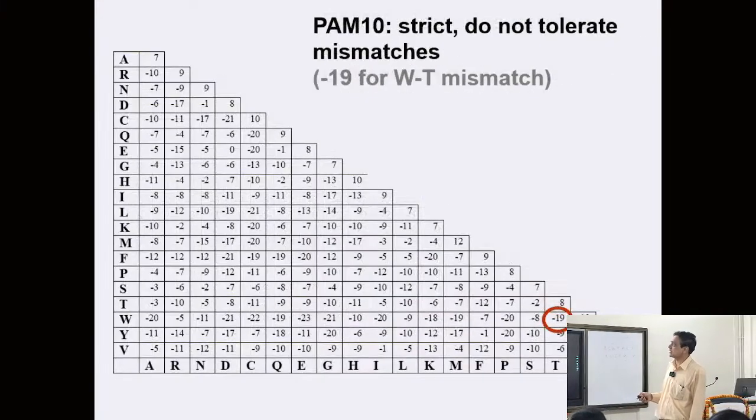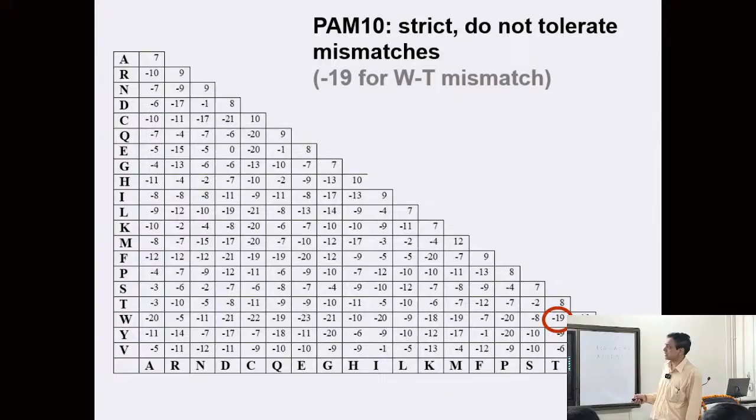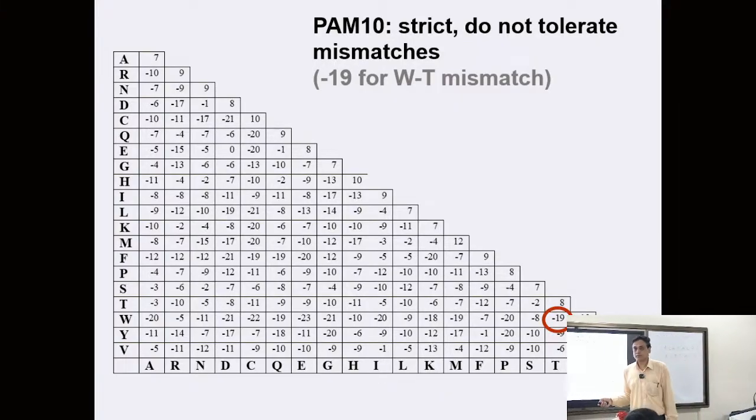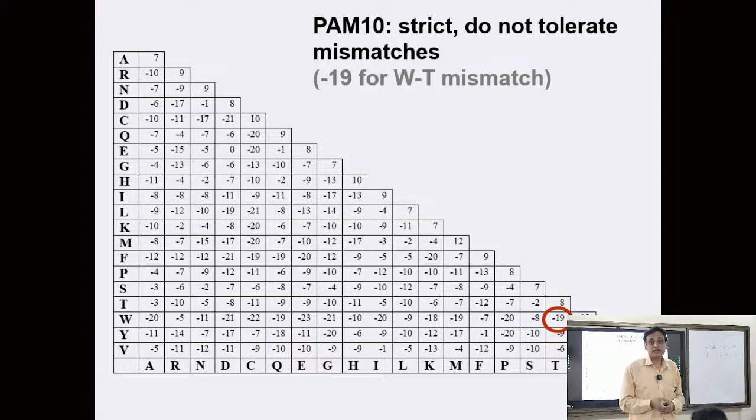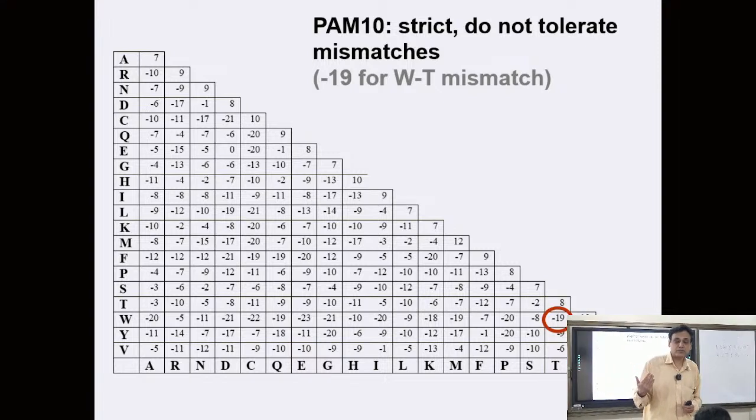Okay, so if you can see, this is PAM10. So what does PAM10 signify? 10 changes over 100 residues, and this can also be interpreted a bit differently. So PAM1 means one evolutionary time unit. So changes that happened over one evolutionary time unit, and that evolutionary time unit could be of the order of millions of years.